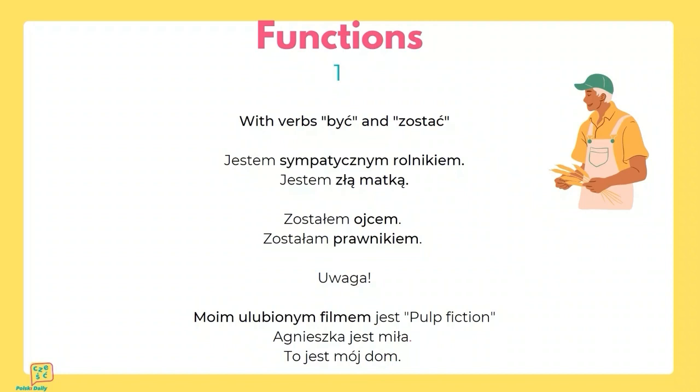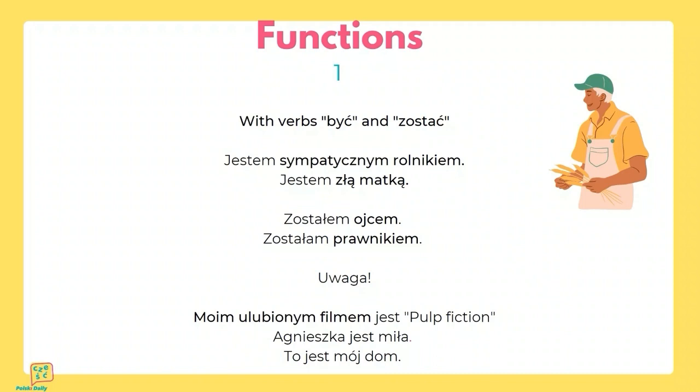Jestem sympatycznym rolnikiem. I'm a nice farmer. Jestem złą matką. I'm a bad mother. Zostałem ojcem. I became a father. Zostałam prawnikiem. I became a lawyer. As you can see, all these bolded words are instrumental case.